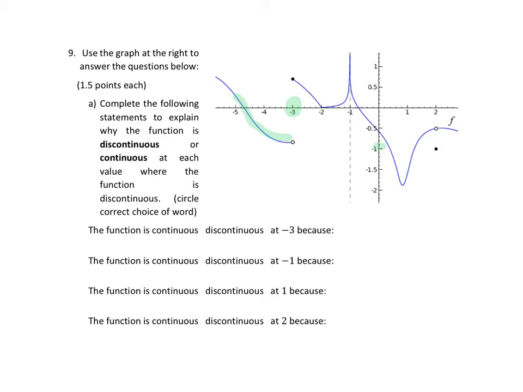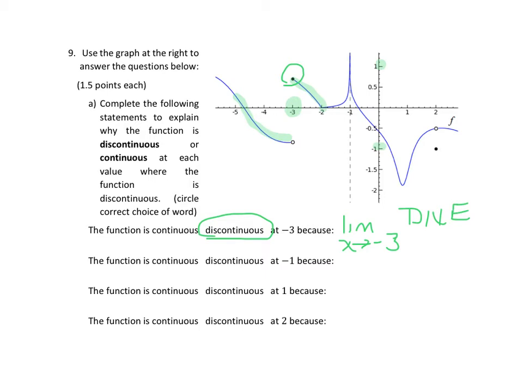But from the right, the limit appears to be closer to +1. And since those two limits do not match, then the function is discontinuous, because even though it was defined at -3, the left-hand limit did not equal the right-hand limit, so the limit as x approached -3 did not exist.